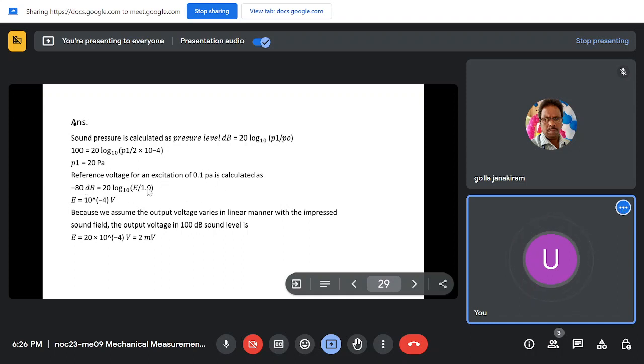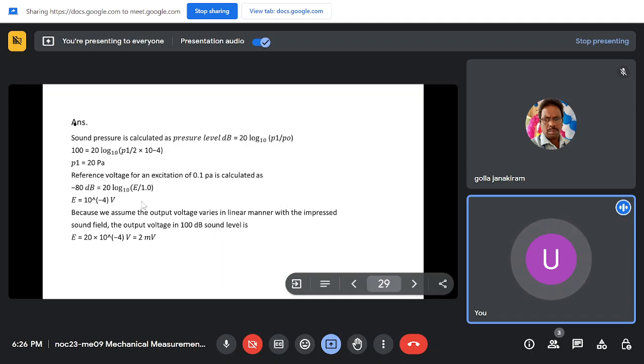For minus 80 decibel we need to calculate for 0.1 pascal. The reference voltage is 1, so the level equals 20 log 10 of the excitation EMF divided by the reference EMF. After solving, we get the excitation value as 10 power minus 4 volts, or 0.1 millivolts.